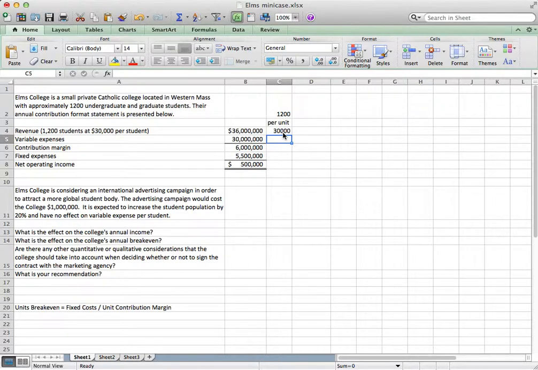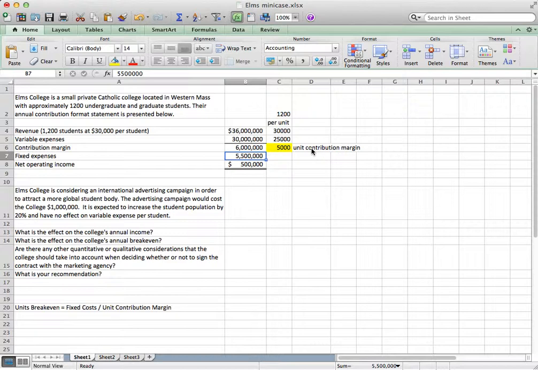Then I am going to do the same thing for our variable expenses, so I'm just going to copy that down. And then we subtract the variable expenses to get our unit contribution margin. So this right here is our unit contribution margin.